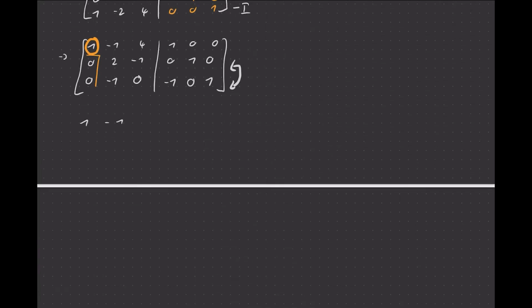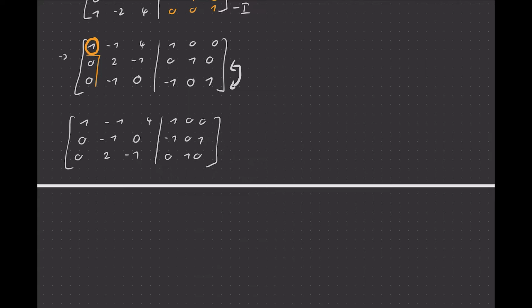And we get, first row is just being copied. The new second row is the former third row. So we have 0, minus 1, 0, and then minus 1, 0, 1. And the new third row is the former second row. So that is 0, 2, minus 1, and 0, 1, 0.